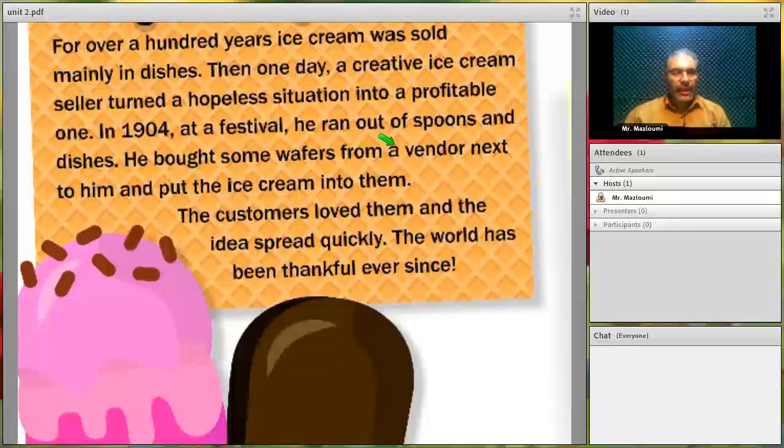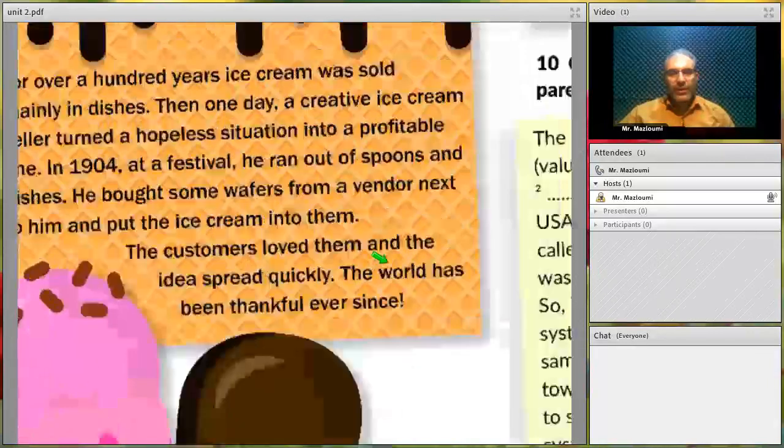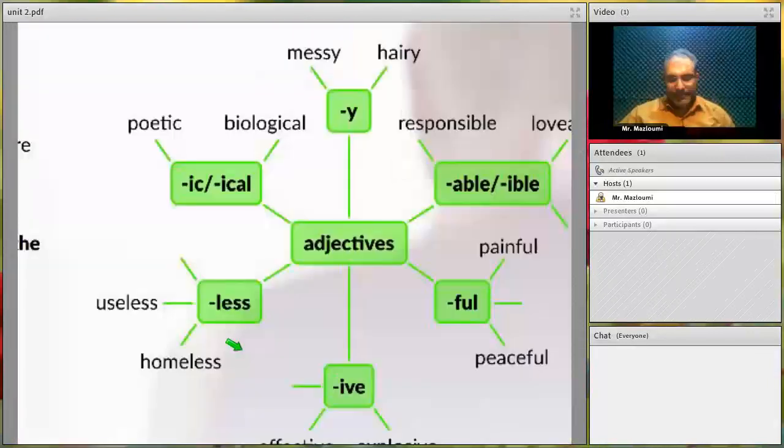He put the ice cream into the wafers. The customers loved the wafers, and the idea spread quickly. When the idea spreads, people come to know about it, it becomes known and popular. The world has been thankful ever since, grateful since that time.